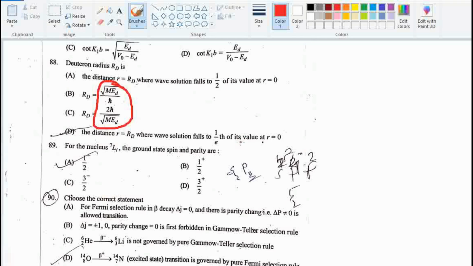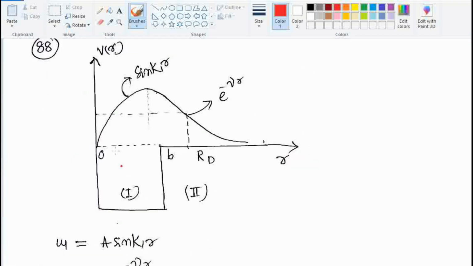So to find the solution, you see this is the wave function, this is the rectangular potential well. We have just solved this question in question 87. There in the solution we are getting two wave functions. This is region 1, and in this region we are getting a sinusoidal kind of solution.